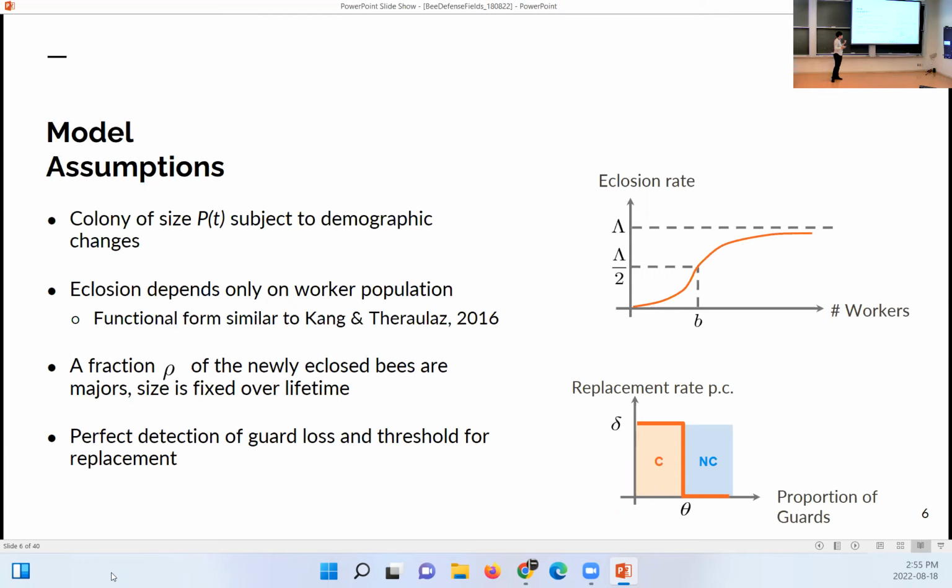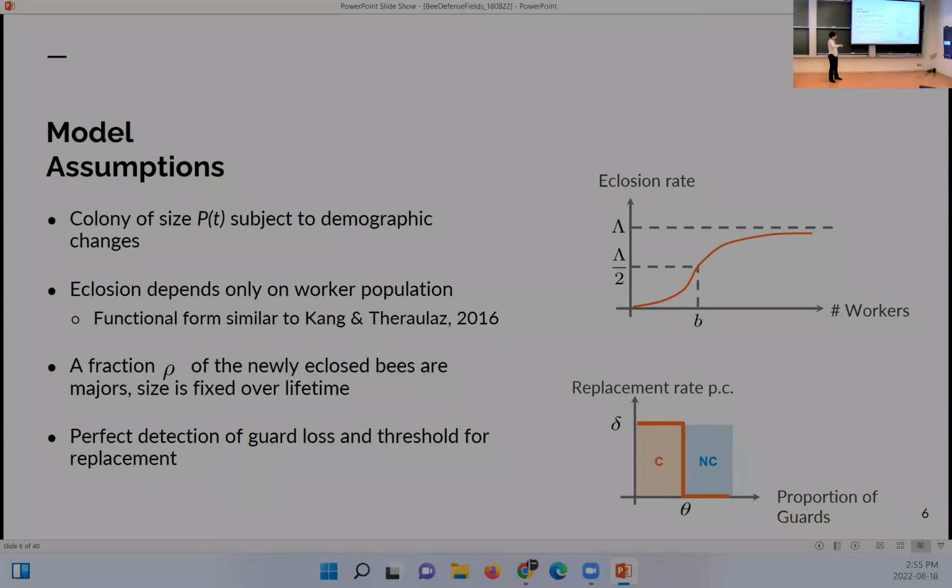And we also assume that there is perfect detection of guard loss. What this means is that the minor guards, the ones that are not specialized, will, if the proportion of guards in the colony drops below the colony demand for guards, which I'm calling theta, then the minor guards will go and replace the major guards at a rate delta.